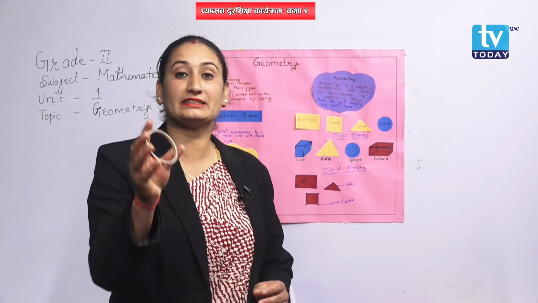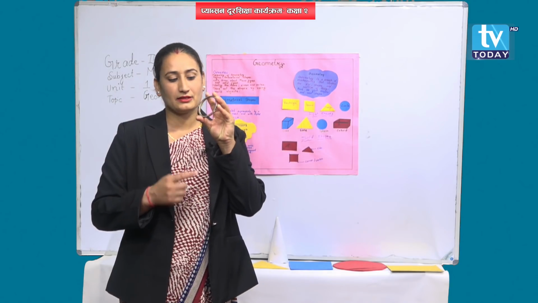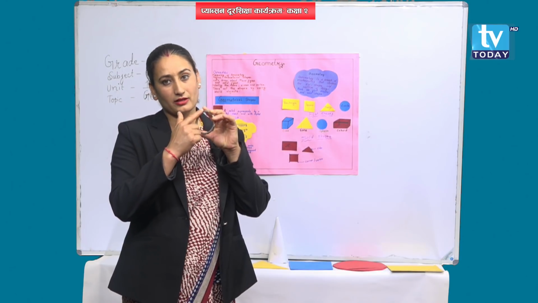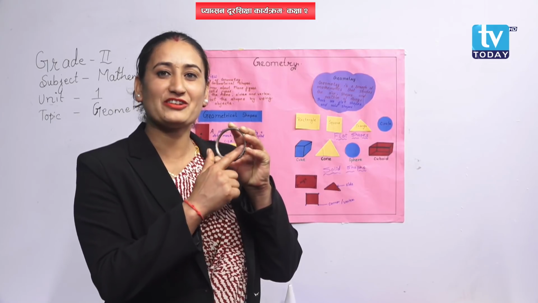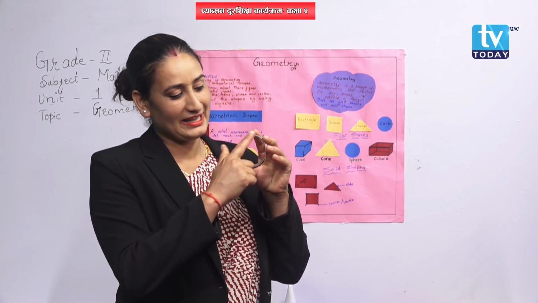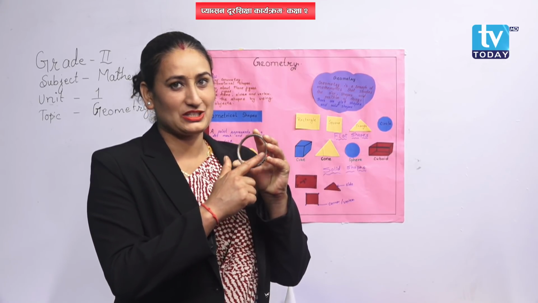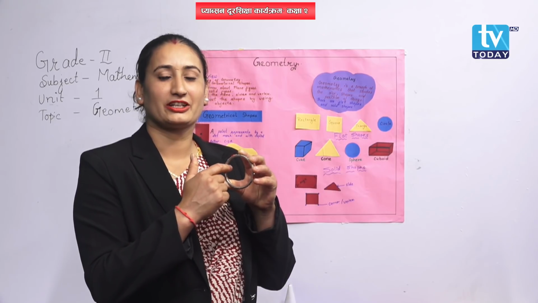Yes, please check it. Take it in your hands. So see the shape of the bangle. Is it round? Yes. Okay, it's round in shape, right? Wow, good, everybody. It's round in shape. So we call it a circle. Good job.